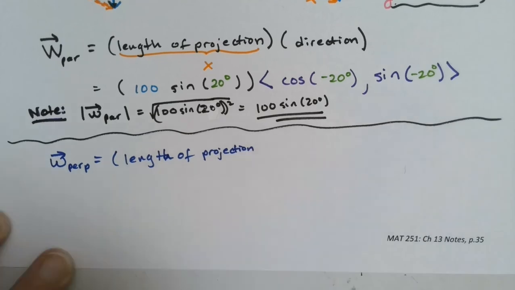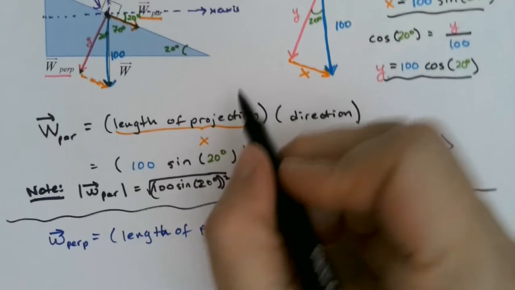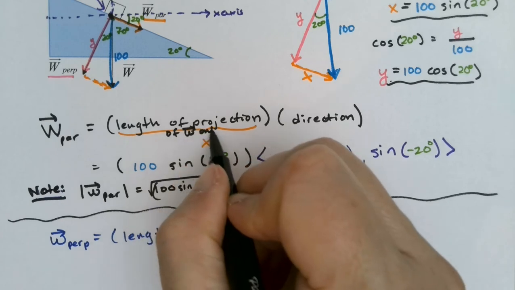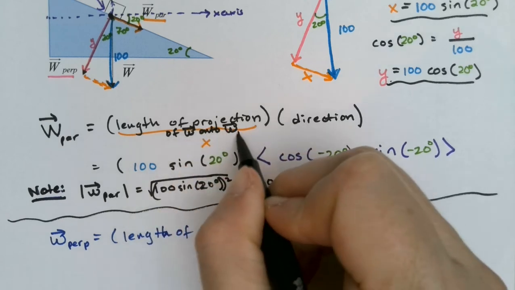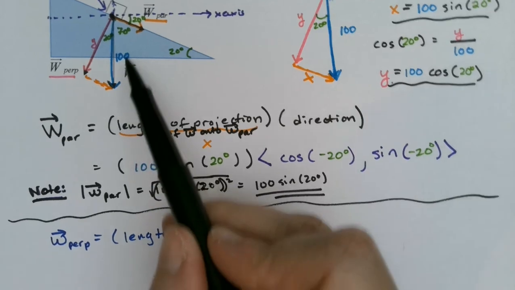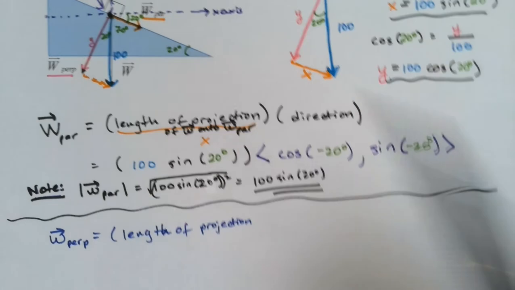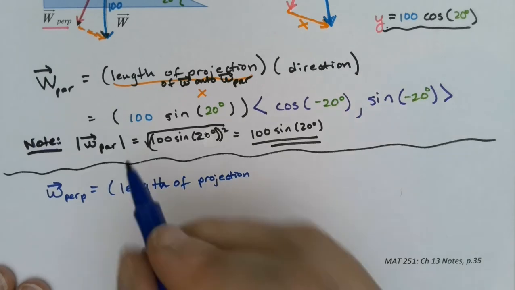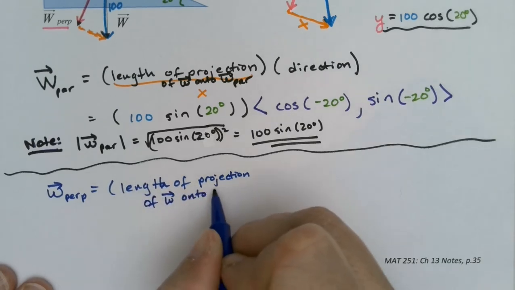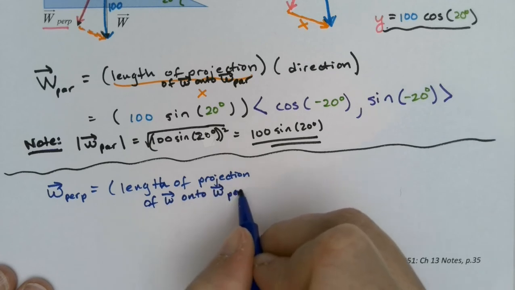I better be clear on this. So this projection is of the weight vector onto the parallel portion. That's what you're doing. You're taking the blue and casting its shadow back onto the parallel. This is going to be the length of the projection of the weight vector onto the perpendicular vector portion.